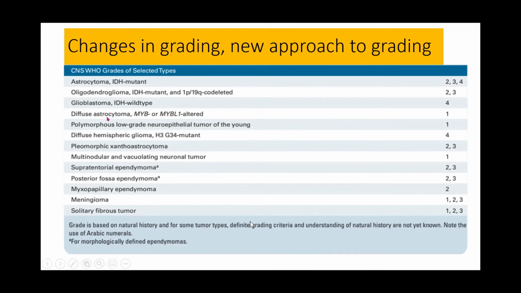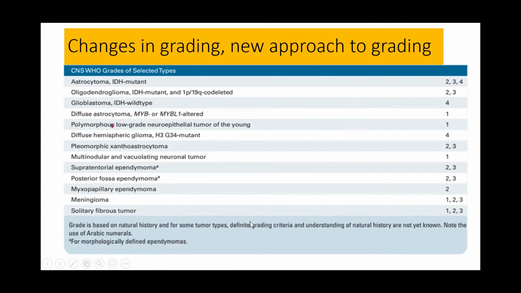Astrocytomas, so the broad categories are astrocytoma IDH mutant, which can be from grades 2, 3 to 4. You can have oligodendrogliomas, which need to have IDH mutation and 1p19q deletion, and they will have WHO grades 2 and 3. Glioblastoma, which by definition now has to be IDH wild type, is only one grade, WHO grade 4.